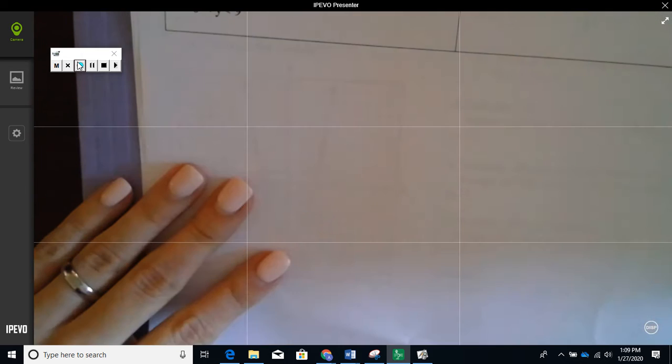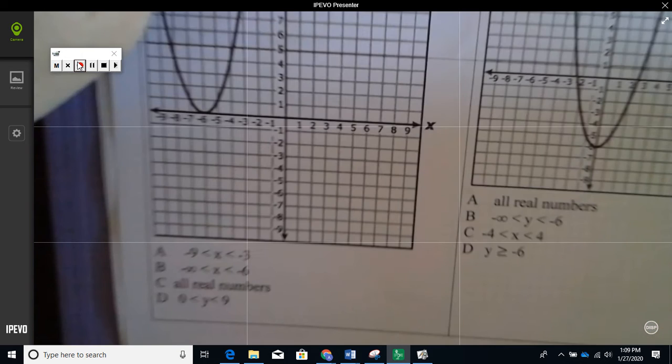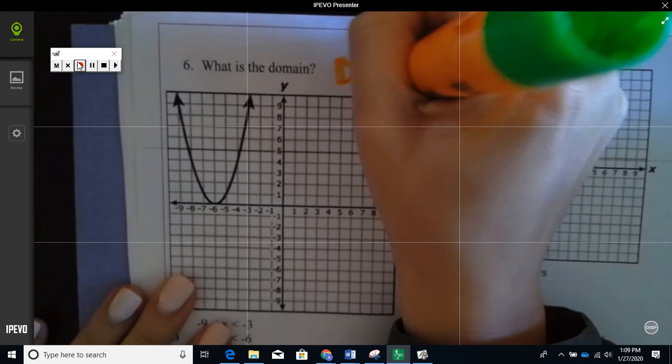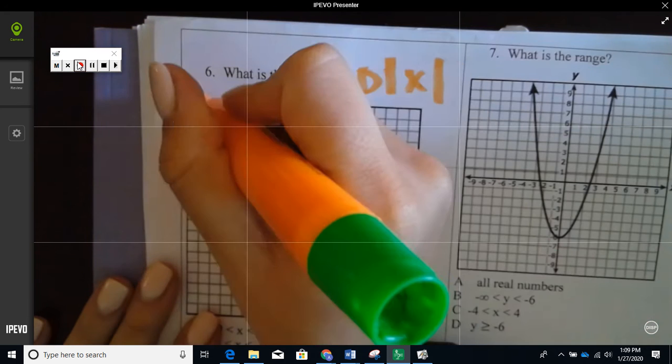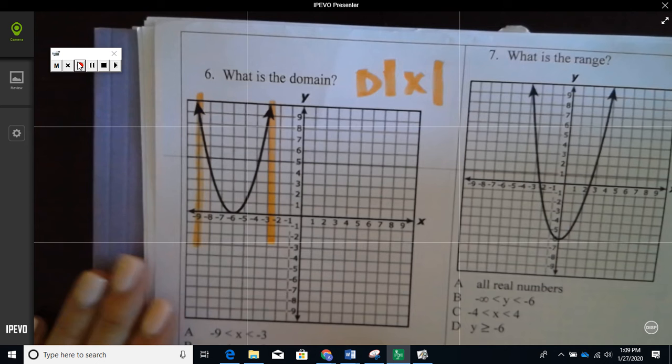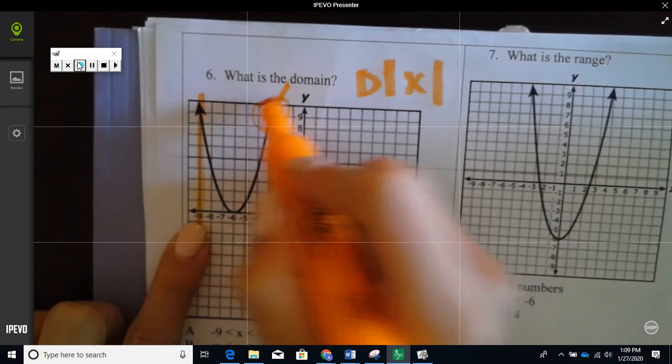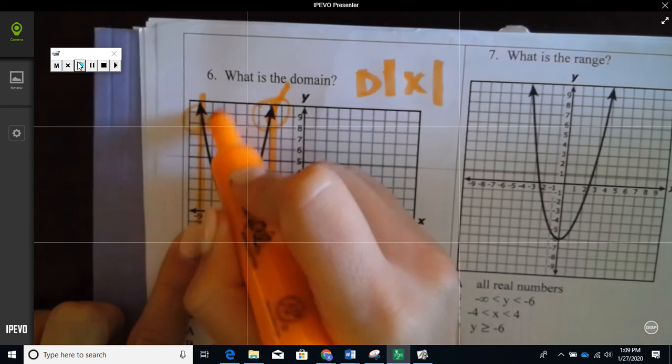And if you look at number 6, again, that's X. You draw lines up and down. Now, does this go through negative? It doesn't. It goes past them. How do I know? It has the arrows.